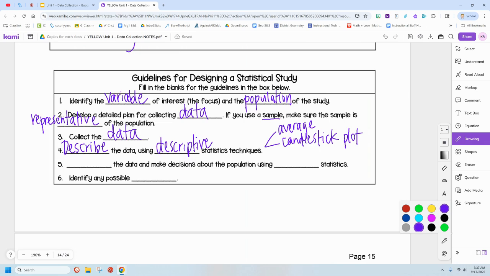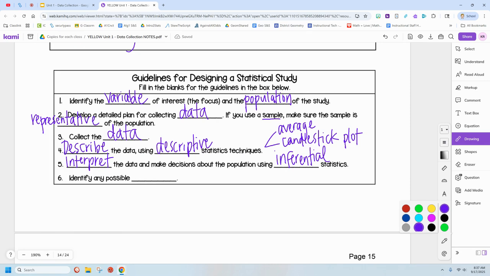We did then start to think about why the data was looking as it was, why one sample was different than the other three, and that is doing interpretation. So then we're going to interpret the data to make decisions about the population using inferential statistics.